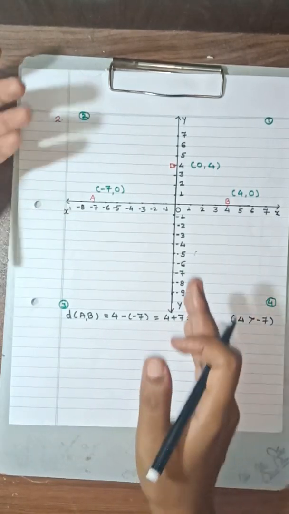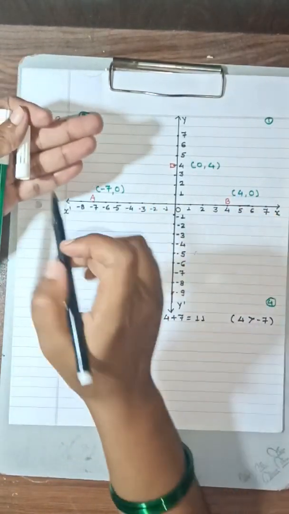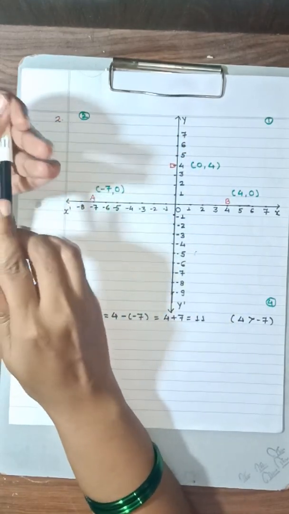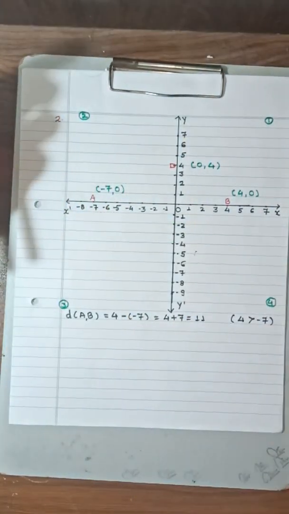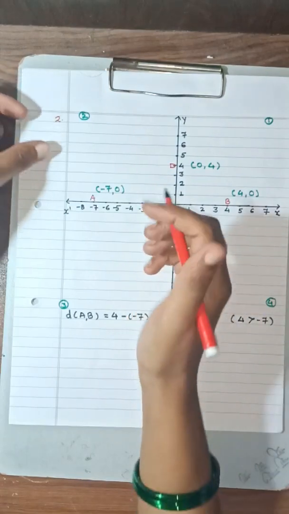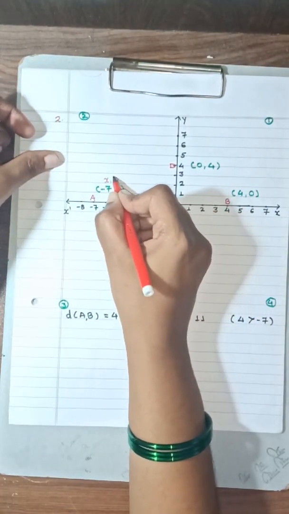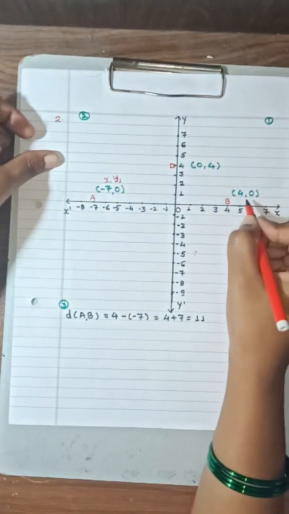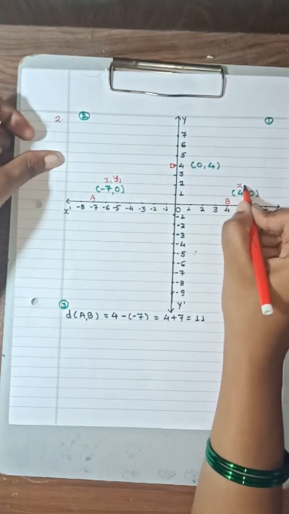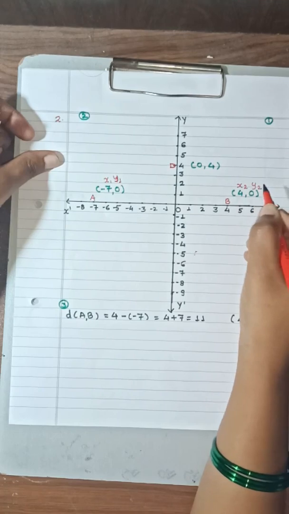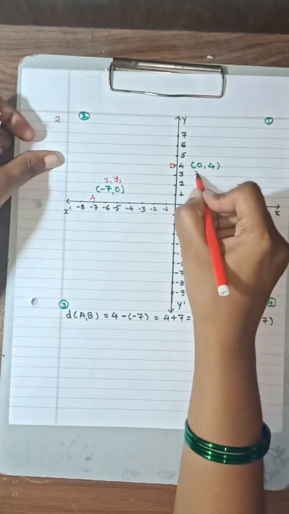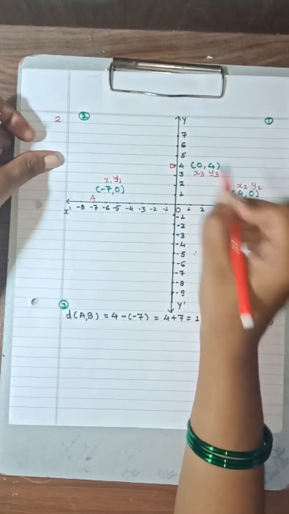Now, when it comes to the X axis and Y axis, what you have to do is, first of all, we'll name this as X1, Y1. This will be named X2, Y2. And this will be named X3 and Y3.